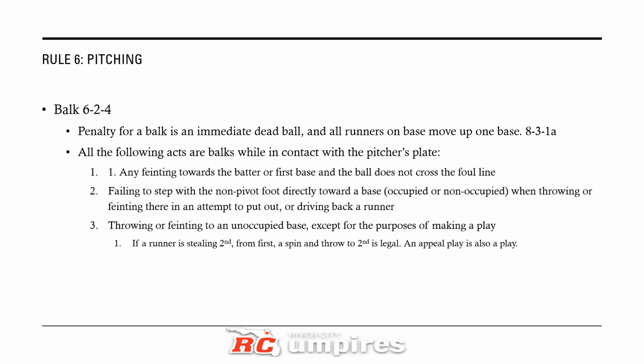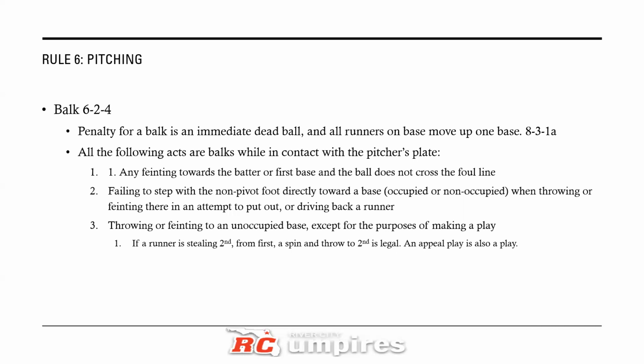Okay, continue. So Steve, the same thing applies with the guy on first going to second. Runner stealing second from first, spinning the throw to second is legal. What we consider faking is it doesn't have to be the arm motion. It's just the foot, right? Correct.